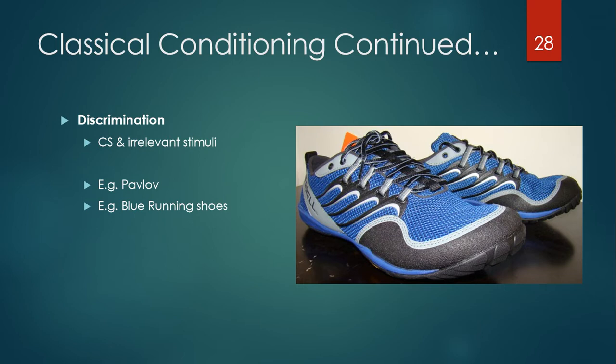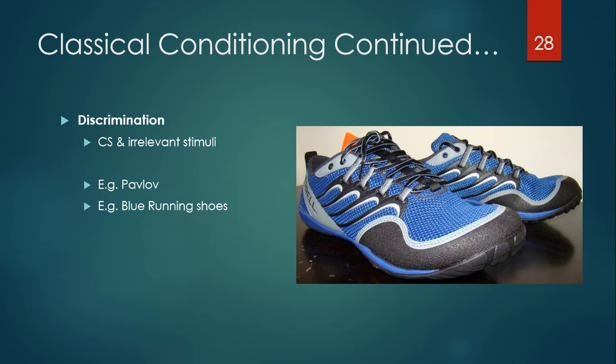And discrimination is learning to differentiate or discriminate between a conditioned stimulus, a learned stimulus, and an irrelevant stimulus. So, an example here, we can go back to Pavlov, and Pavlov might have played two different types of piano keys. So maybe one with a very high pitch or maybe one with a very low pitch.